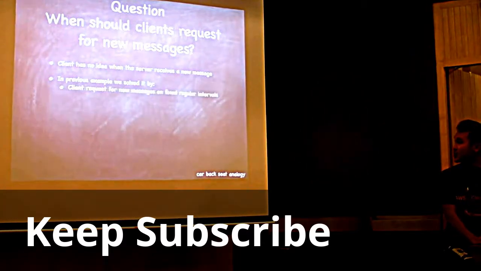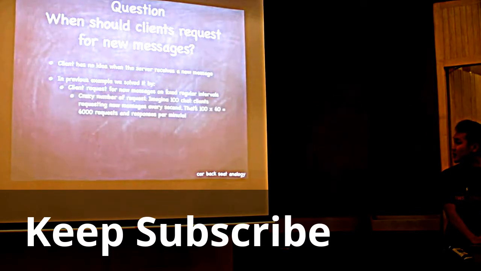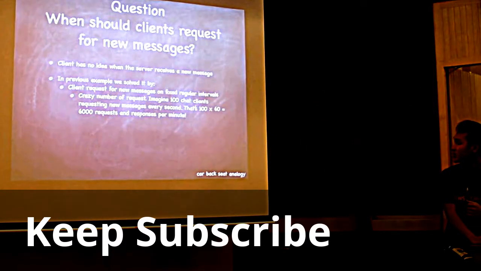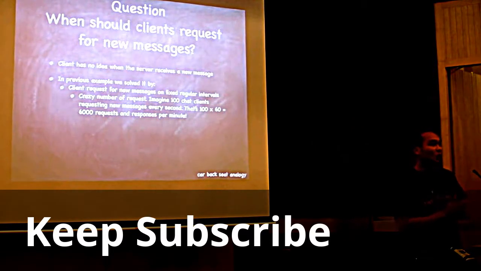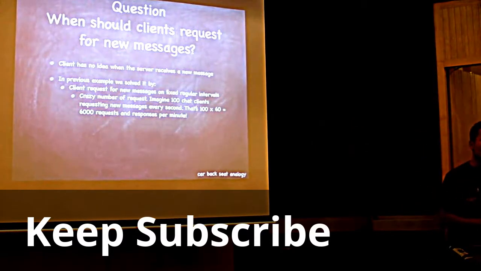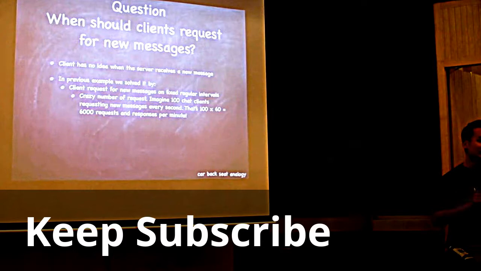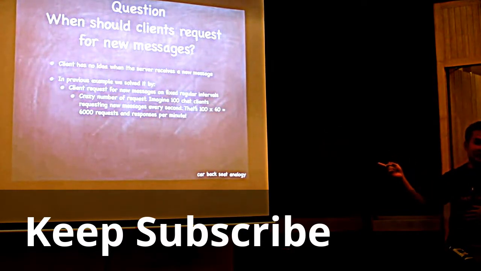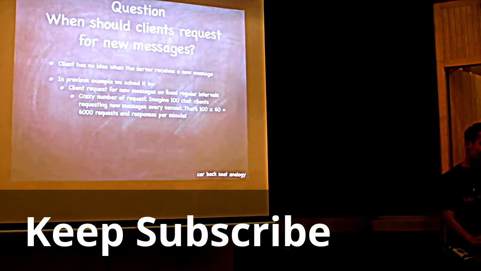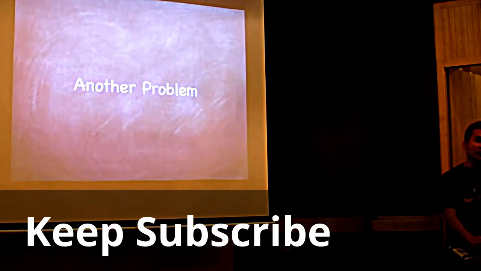So in the previous example, we solved it as I've mentioned just now. Just imagine your chat application, let's say there are 100 users, and every user is pinging the server every single second. That's a lot of requests. In 1 minute, you would have 6,000 requests hitting your server.